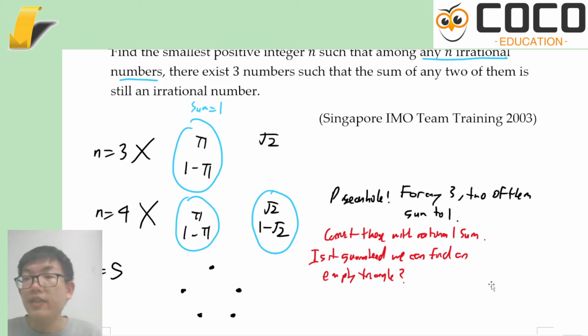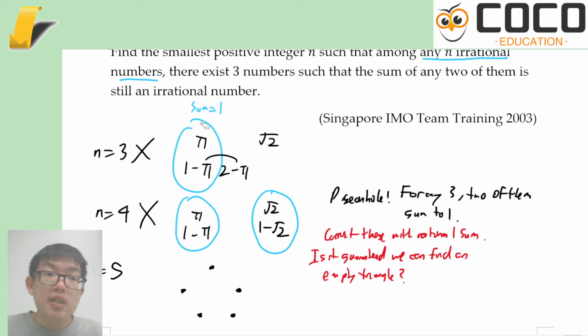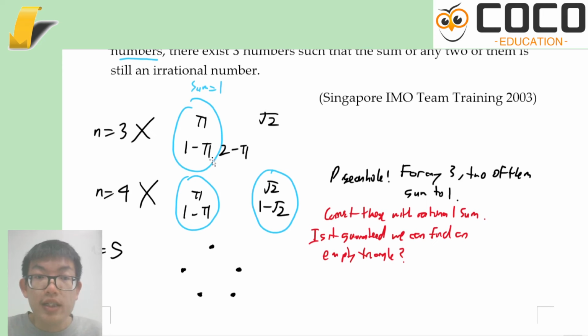What I saw just now is that whenever I tried to set up, let's say pi, 1 minus pi, and 2 minus pi, 1 minus pi and 2 minus pi do not add up to a rational number. My question is whether it is possible to actually make further progress.